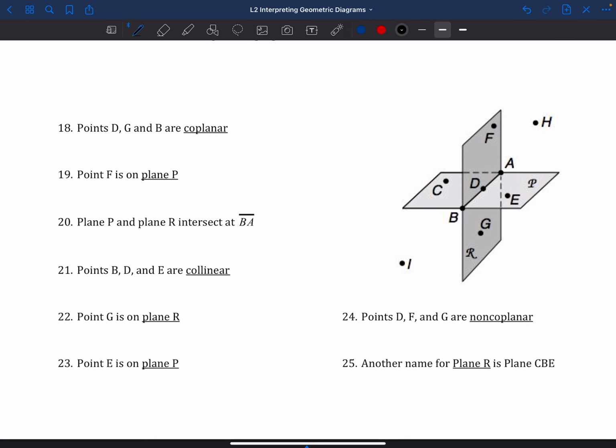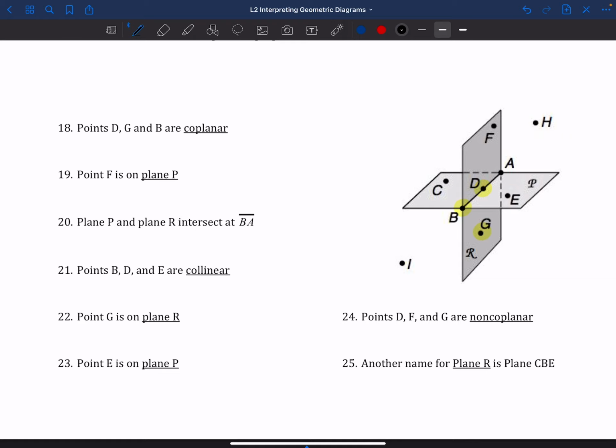Oh boy. So points D, G, and B are coplanar. This is definitely the most complicated diagram that we've come across so far. It's got one plane going up and down and another plane going side to side, and they cross each other right there.